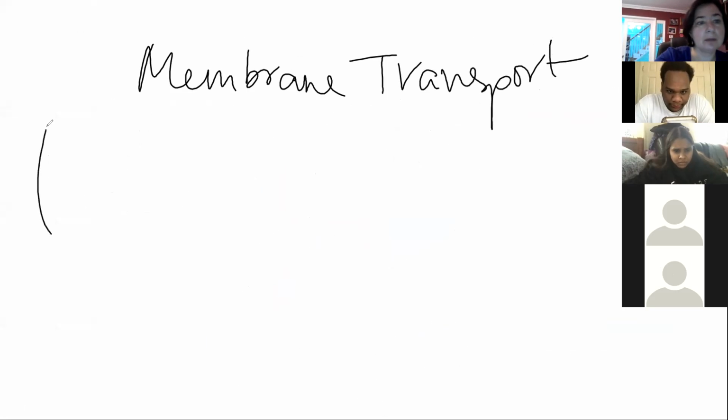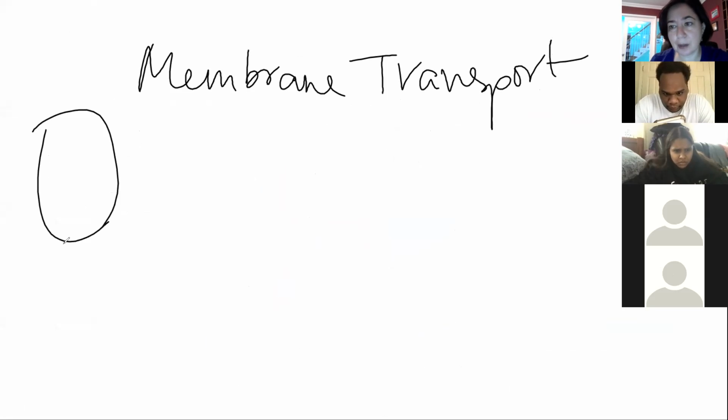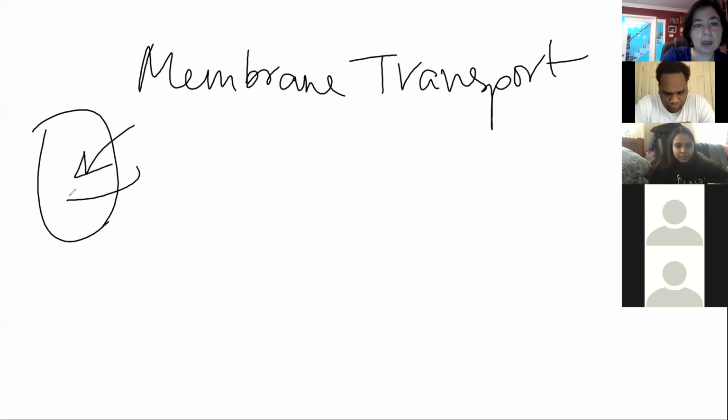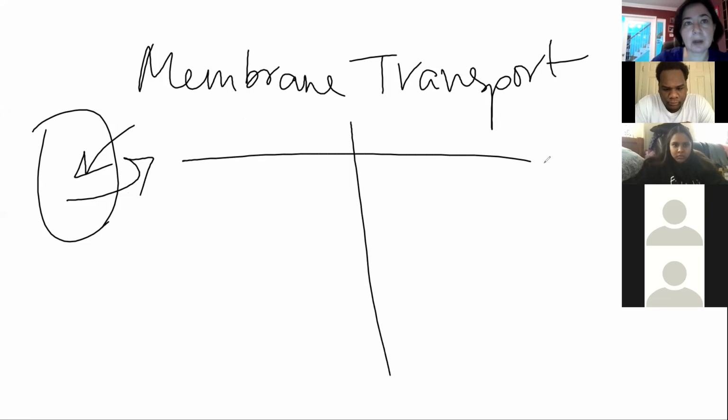So you have a cell, and the cell needs a lot of supplies. It needs water, amino acids, oxygen, and it needs to get rid of carbon dioxide. So how do things move in and out of the cell? Generally there are two ways. Membrane transport, guys, that's going to be on your next quiz, on your midterm.